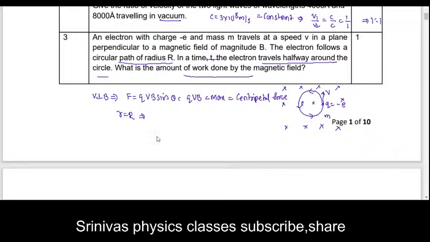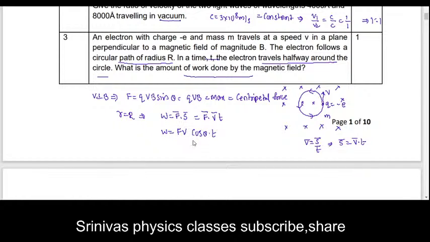What is the work done, they are asking. Work done formula is F bar dot S bar. We write S bar as velocity into time, since velocity is equal to displacement by time, so displacement is velocity into time. We write force into velocity into time, so W is equal to F v cos theta into t.